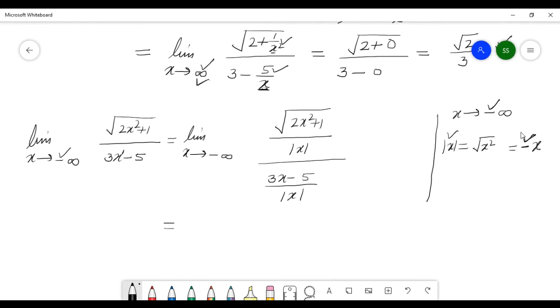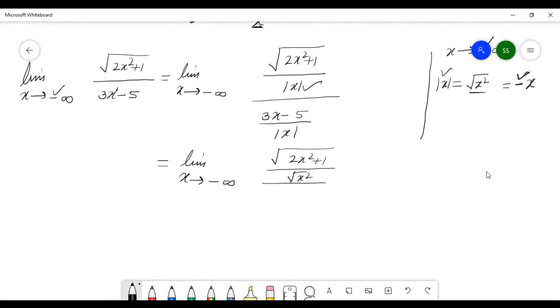Now, the limit as x goes to minus infinity. Under the root, 2x square plus 1, divided by mod of x, which is the square root of x square, divided by 3x minus 5 divided by mod of x, and here we take minus x.